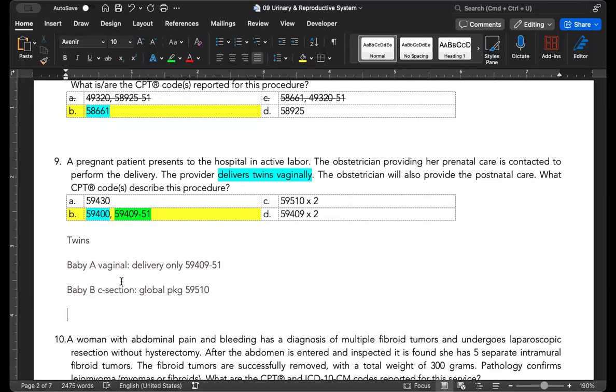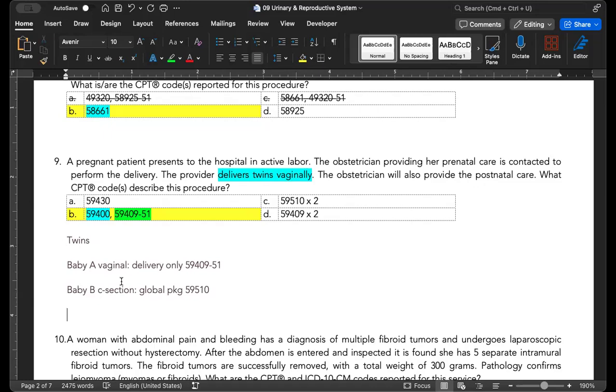So a VBAC delivery is going to be a lot more intense and a lot more complicated. Those are coded with codes 59610 through 59622. So those are your delivery after previous cesarean delivery.